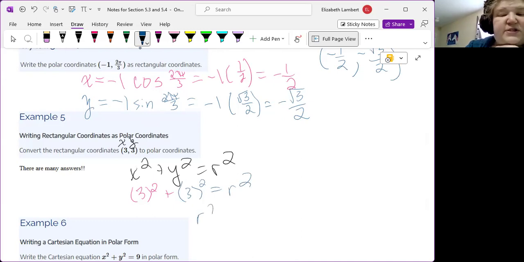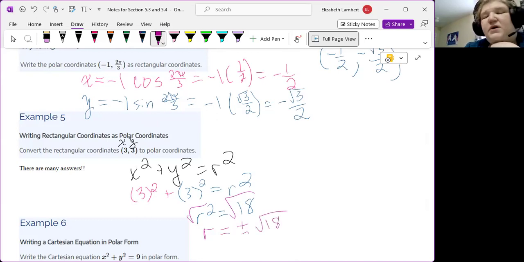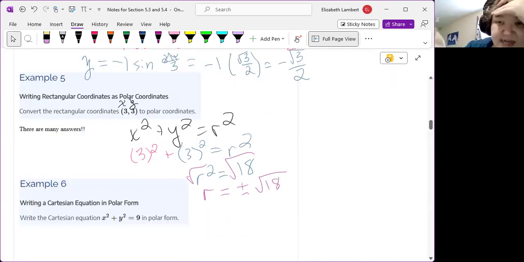So r squared is 9 plus 9, which is 18. So r is plus or minus the square root of 18. 18 is actually 9 times 2, so this could also be written as plus or minus 3 square roots of 2.